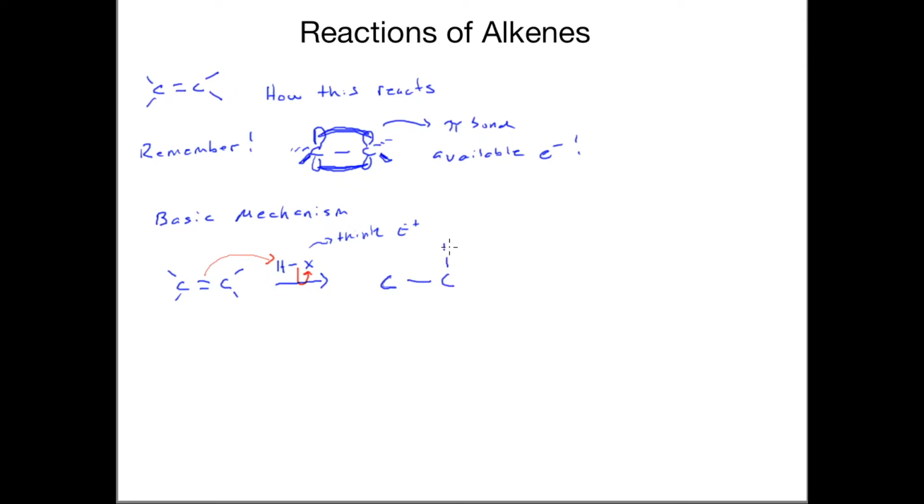And then we generate something where one side of the double bond gets the hydrogen and the other ends up with a positive charge. And so this is our carbocation. The next thing is the X minus here can come in and add to where our carbocation is to form the final bond.